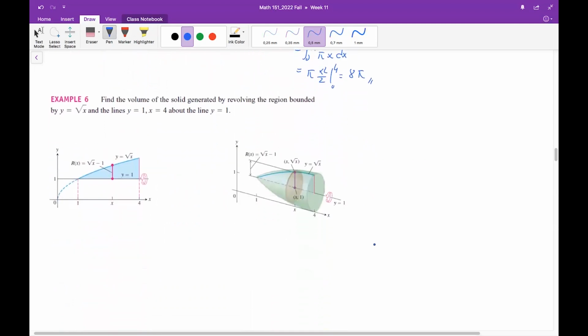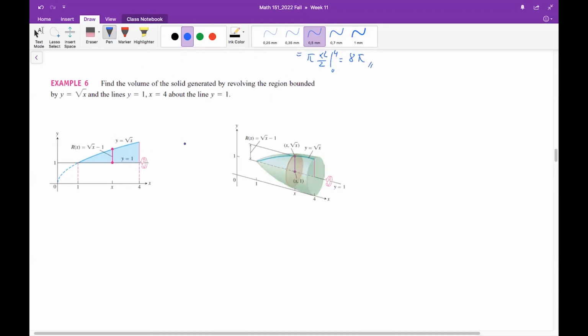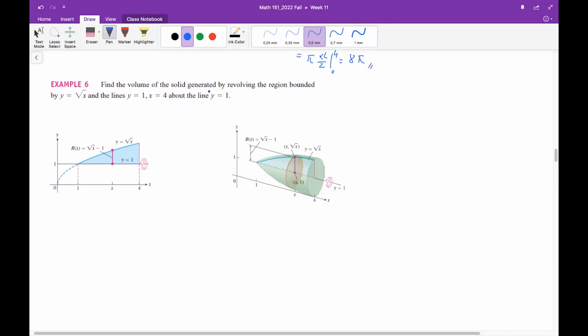Okay, let's look at the next example. Again, our region to be revolved is this region. By the way, the axis of revolution is changed here from the x-axis to the y equals 1 line, which is here.